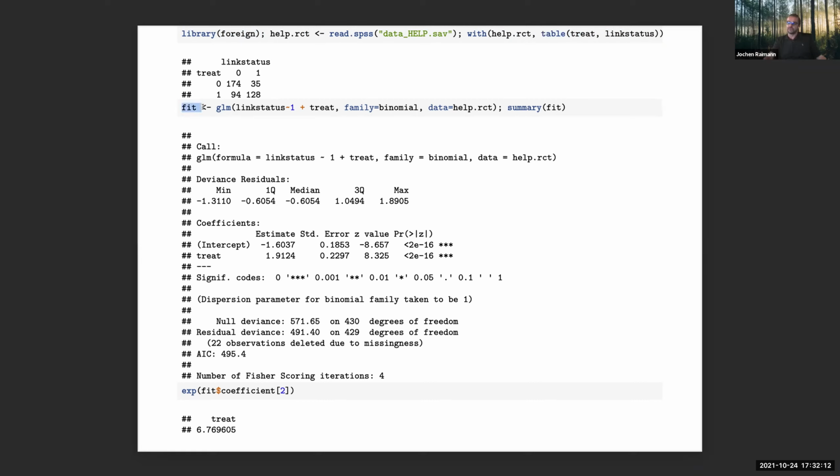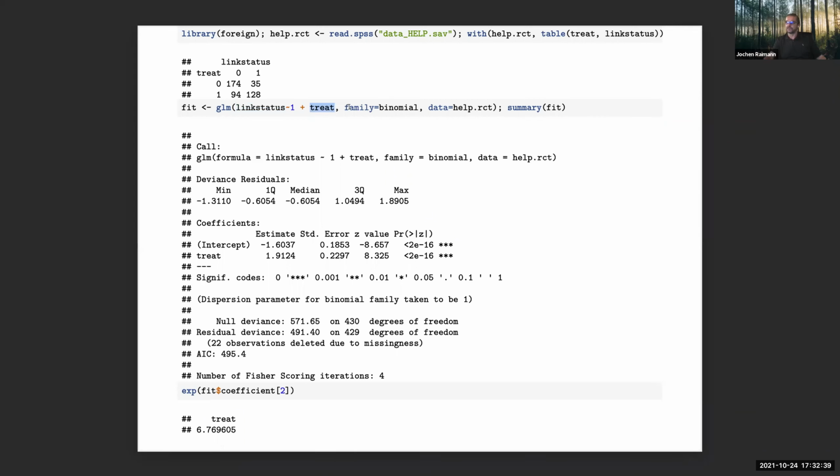And now we're trying to fit it. And you're fitting this with the GLM function, the generalized linear model function. You set link status as our outcome, basically using 1 to indicate that there's an intercept plus the treatment.